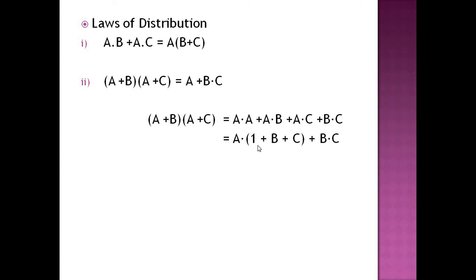Now 1 plus B plus C has the value 1. So we write A dot 1 plus BC. We get the equation A plus BC because A dot 1 is again A. That's why we write A plus B dot C. In this way we get the right hand side. So we make the proof here: A plus B into A plus C is equal to A plus BC.